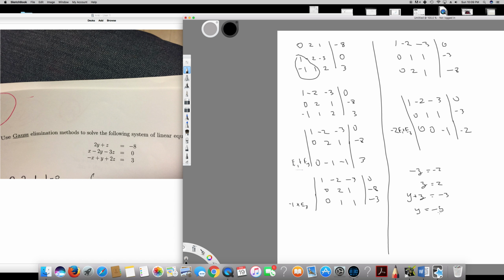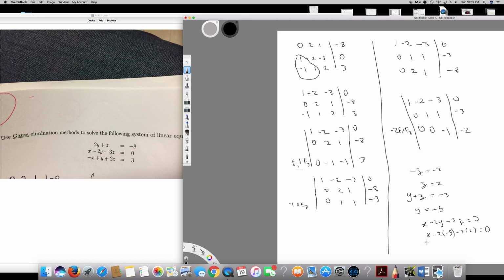And x, I can plug into the first equation, x minus 2y minus 3z is equal to 0. So if you plug in, let's see, x minus 2 times minus 5 and minus 3 times 2 is equal to 0.